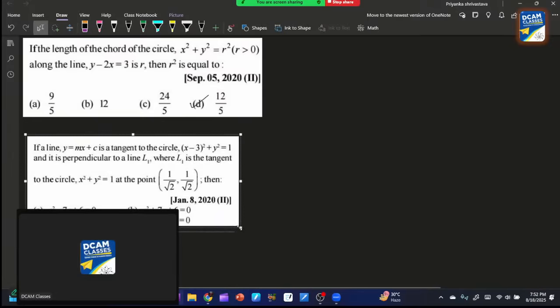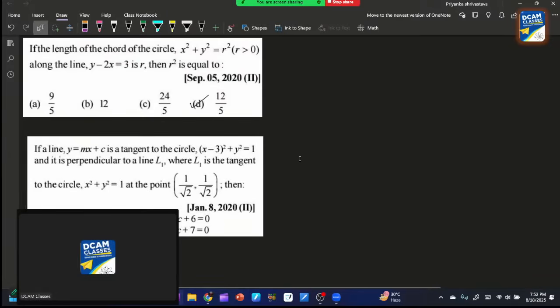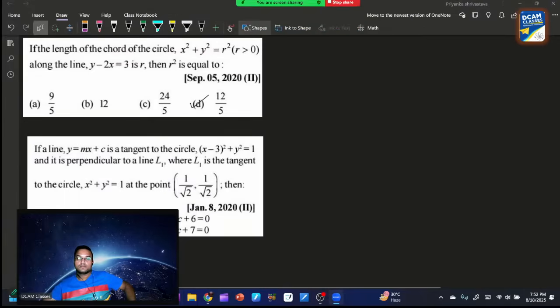Now try to solve this question. If anyone is not getting the answer, tell me. I will solve the question. So can you solve? Okay. See, this is our circle.